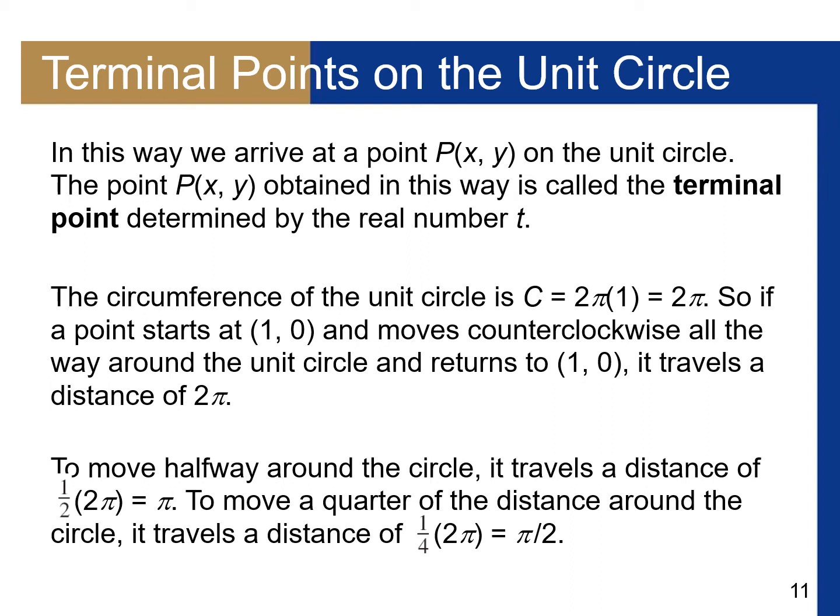So in this way, we arrive at a point, again, x comma y on the unit circle, and the point x comma y obtained in this way is going to be called a terminal point.